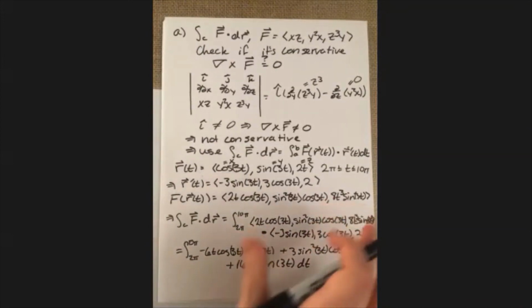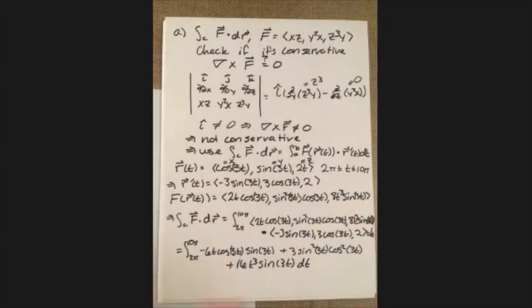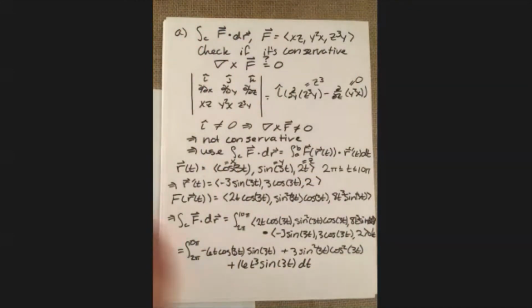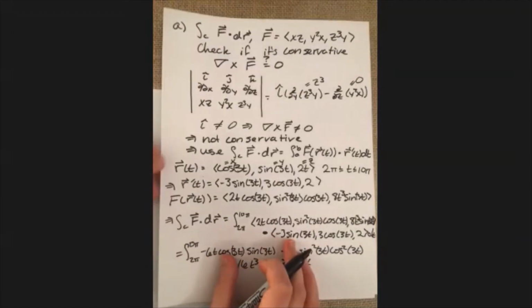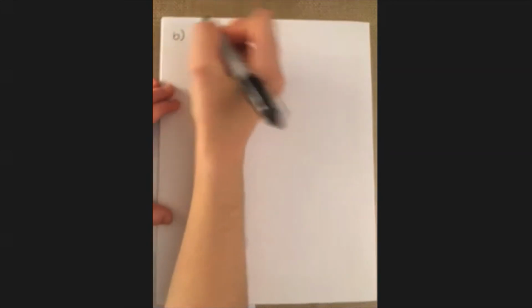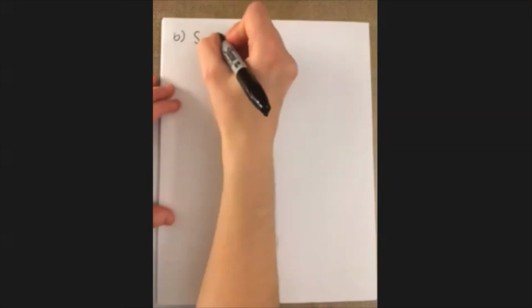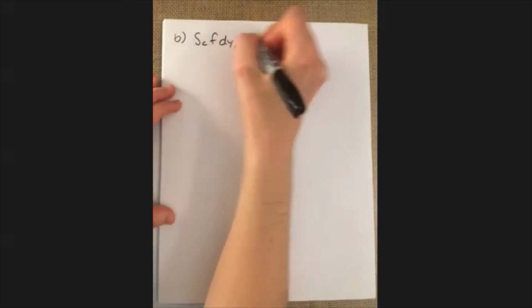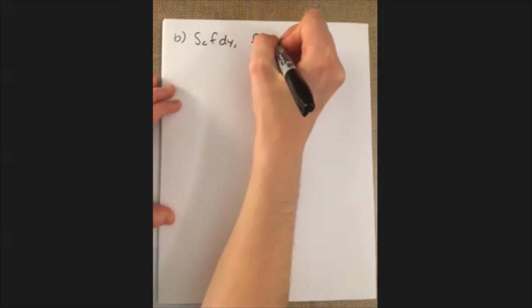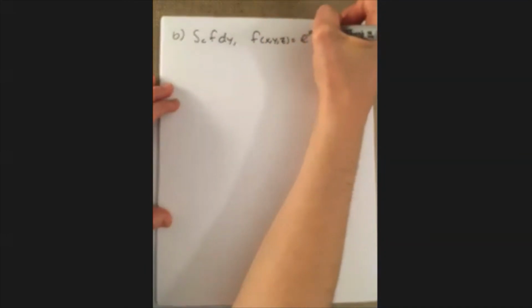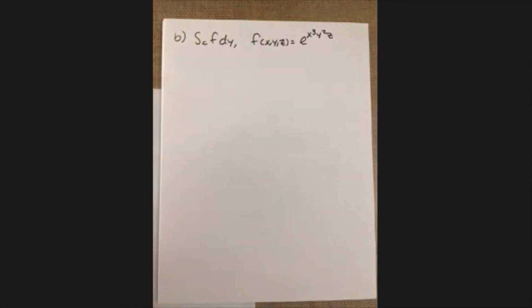Okay, but anyway, this is how you work with vector fields. Again, the idea is that you have that dot product because everything is a vector. So let's look at our more standard line integrals then. We have our example B, which was the integral over a curve C of f dy, where little f was equal to e raised to the x cubed y squared z.